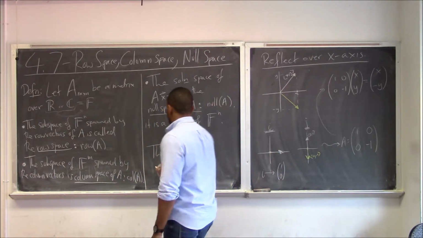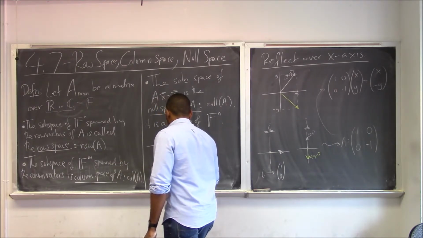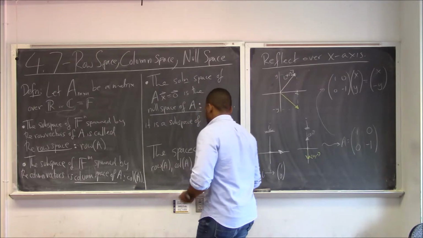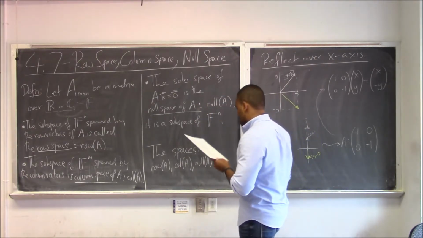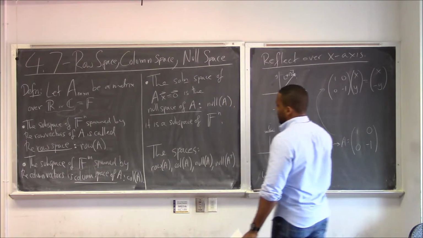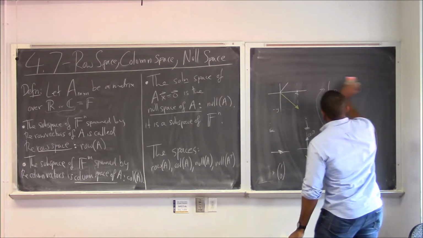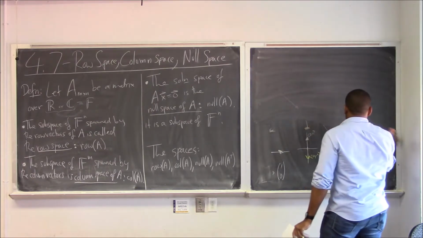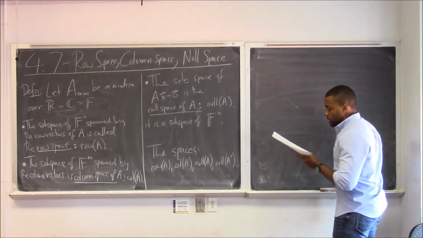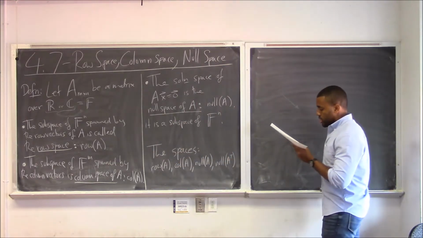So the spaces are row A, column A, null A, and the null space of the transpose, which might not be the same. These are very important spaces to study. We call them the fundamental matrix spaces. Knowing a lot about them tells us a lot about our matrix and its domain and range in general.